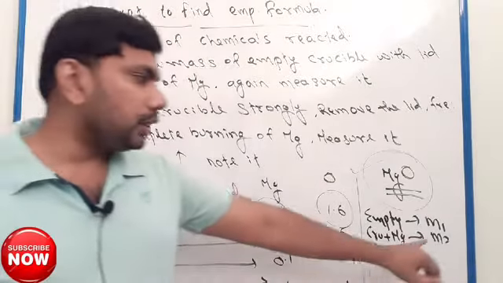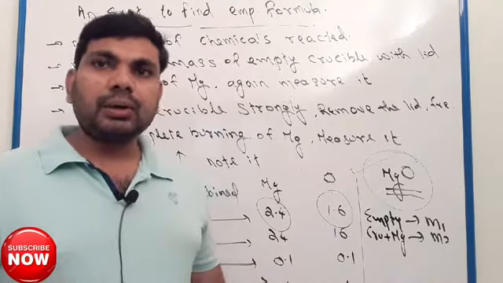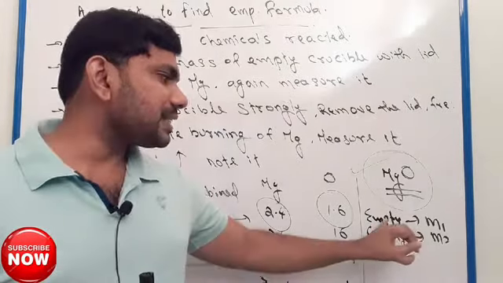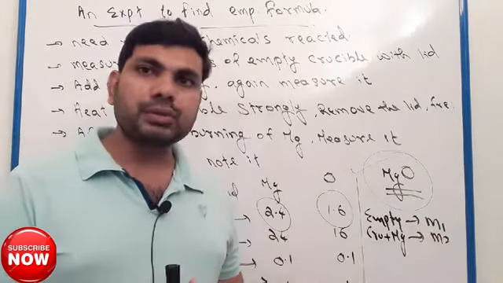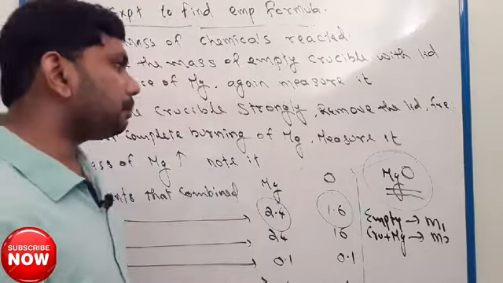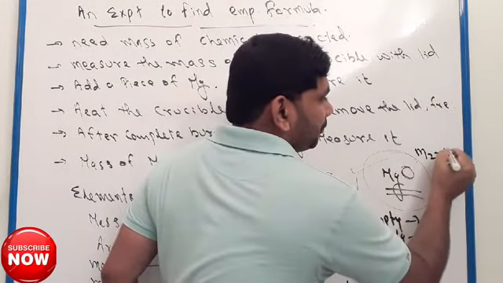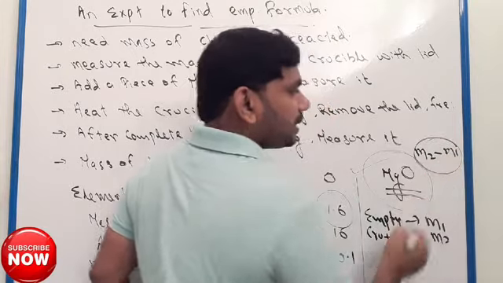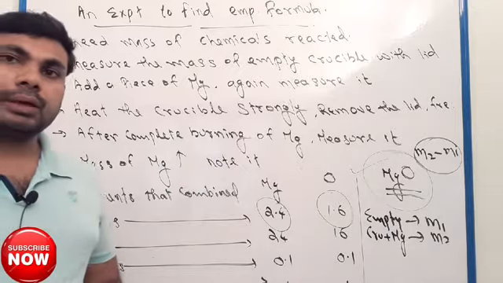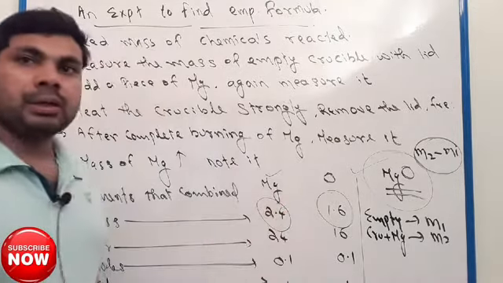Now you can do M2 minus M1. This gives the mass of magnesium.